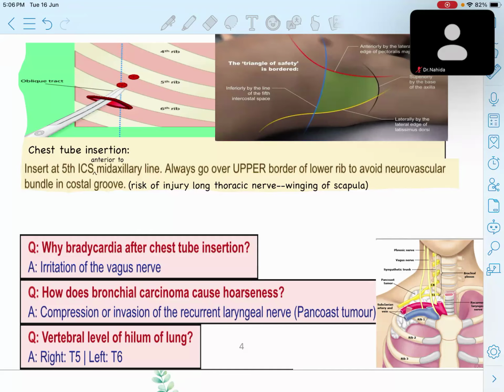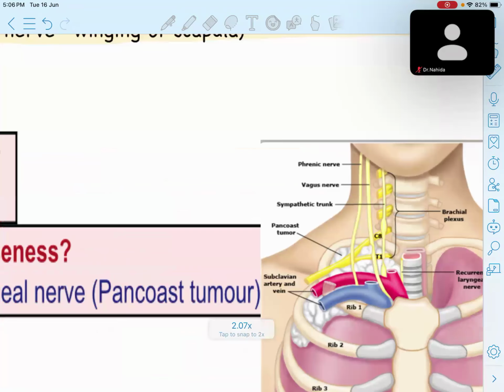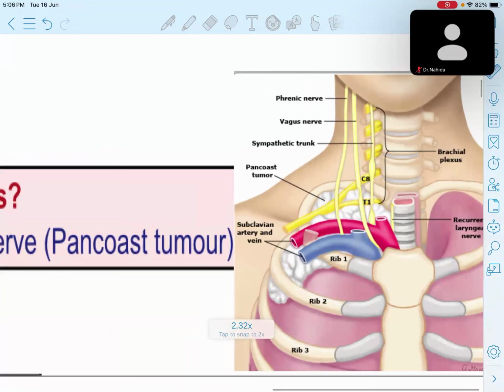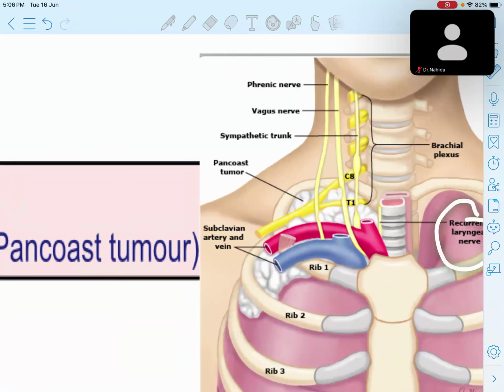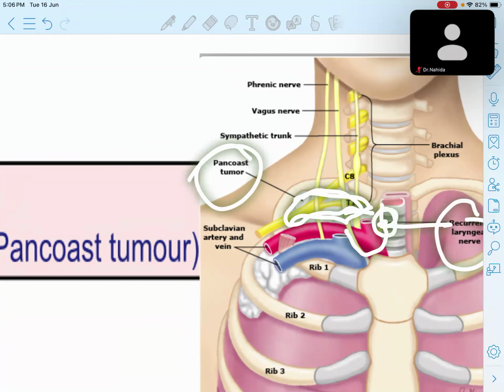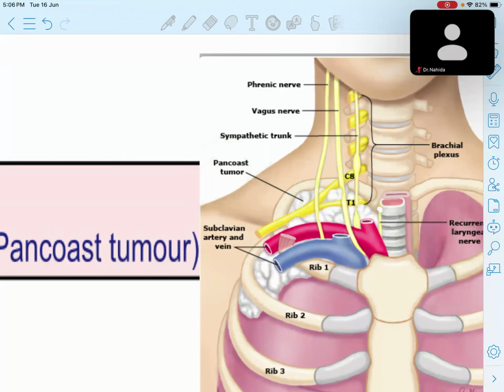How does bronchial carcinoma cause hoarseness? Here I'm showing you the Pancoast tumor, a bronchial carcinoma. This Pancoast tumor is compressing the recurrent laryngeal nerve here. See this vagus nerve, it circles around here, and the recurrent laryngeal nerve is beside the trachea.